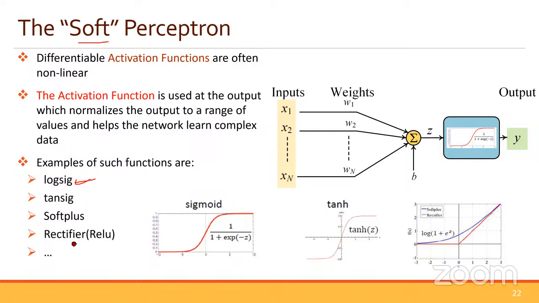This is soft plus. There are a lot of different functions here, and it will also depend on the model and the programming language that you're using. There's Python, there is MATLAB. In MATLAB, there are specific functions built in, or you may need to build your own functions, the same in Python. Okay, so this is the activation function.